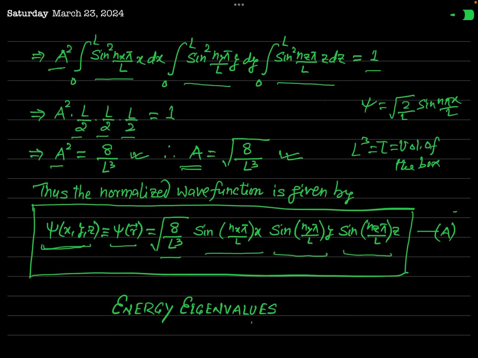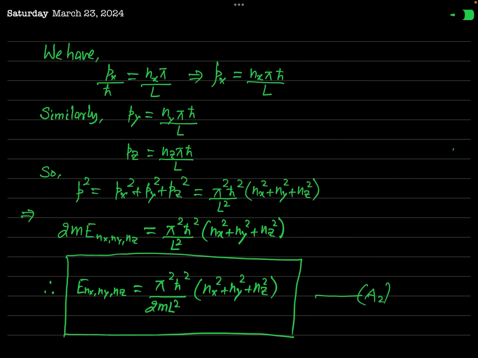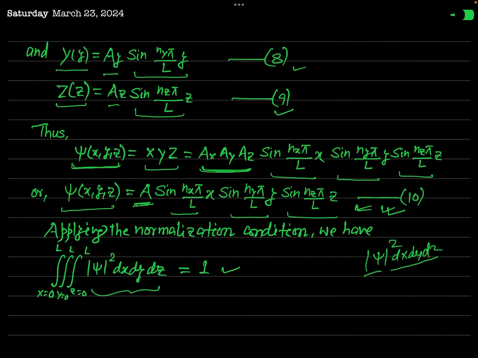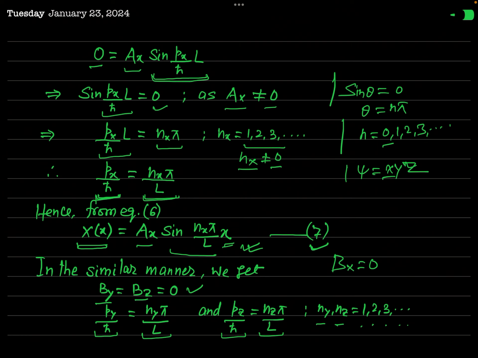Now our aim is to evaluate the energy eigenvalues. What are the values of the energy of this electron confined within this potential box? Now we will calculate it. And for this you can see the result which we have obtained earlier.